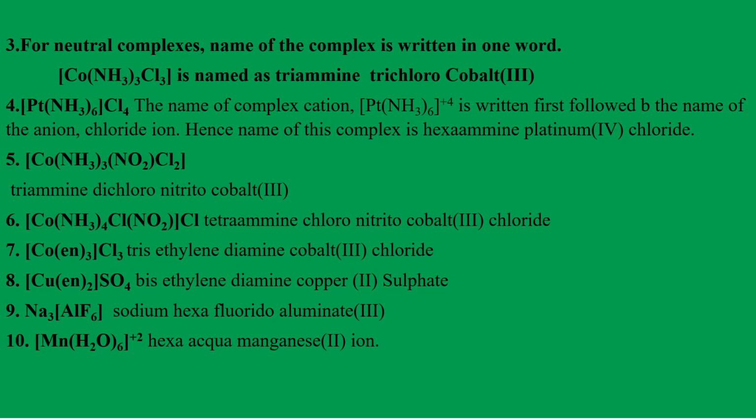Okay, students, hope I am clear to all of you. Please go through all the examples. Take a pen and paper. Don't just listen to all these examples like this. Please try to write down and learn all these examples because this is a very, very important topic from complex compounds. Okay, students. Thank you.